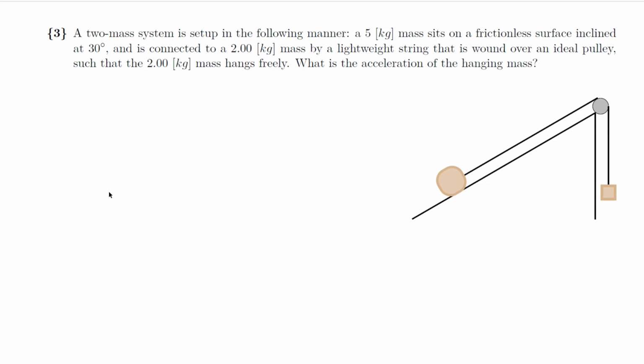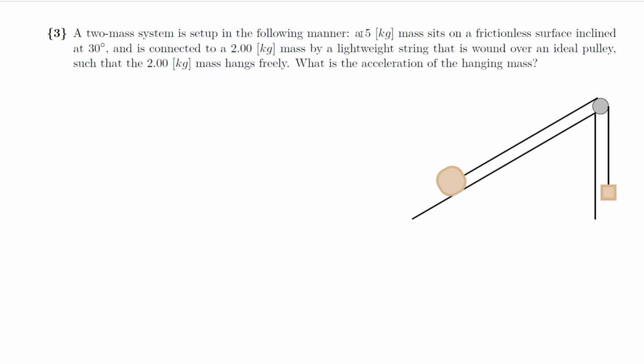Okay, so let's take a look at number 3. This one's another pretty standard problem. So you have a 2-mass system. They're basically connected by a string.